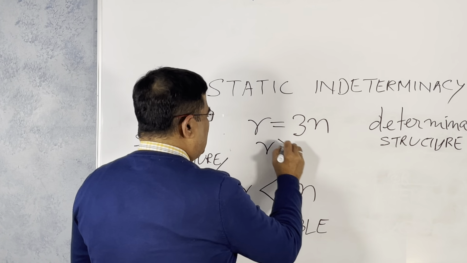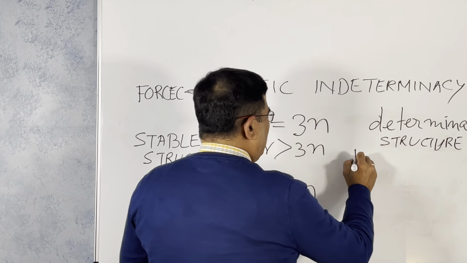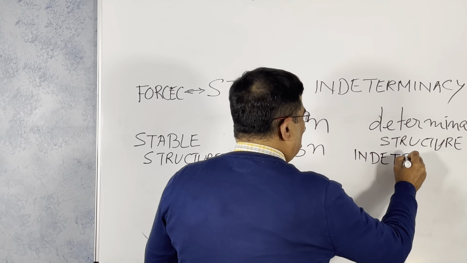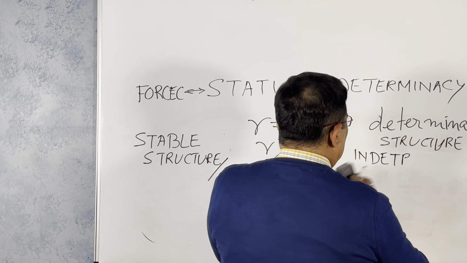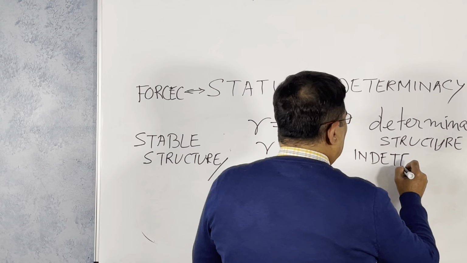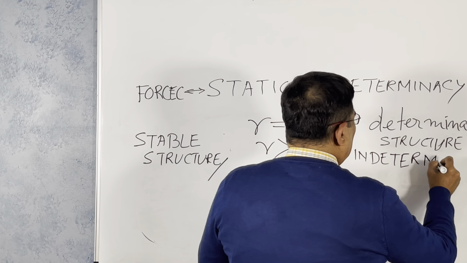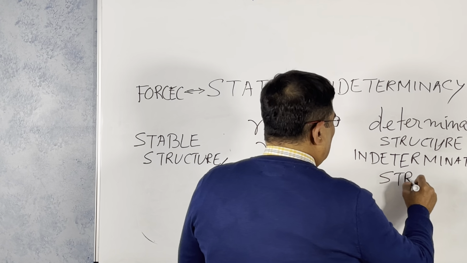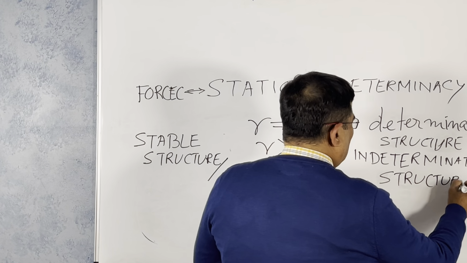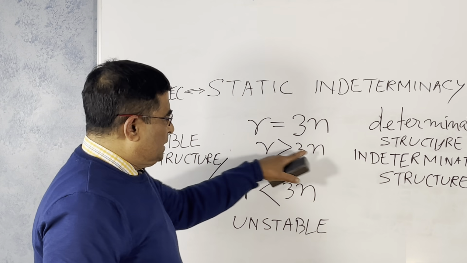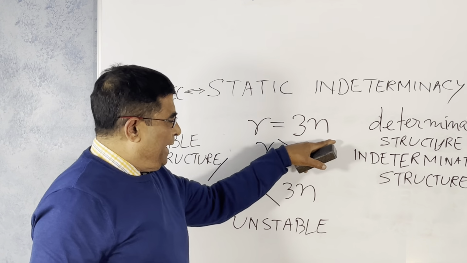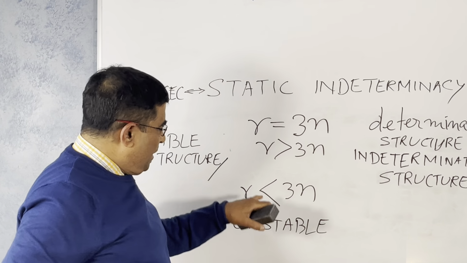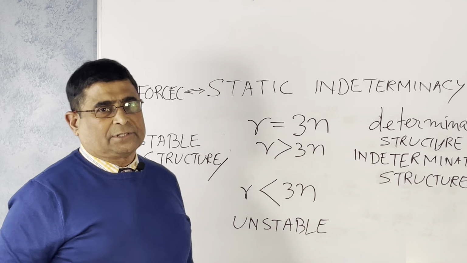If R is greater than 3N, it is an indeterminate structure. And if R is less than 3N, it is an unstable structure.